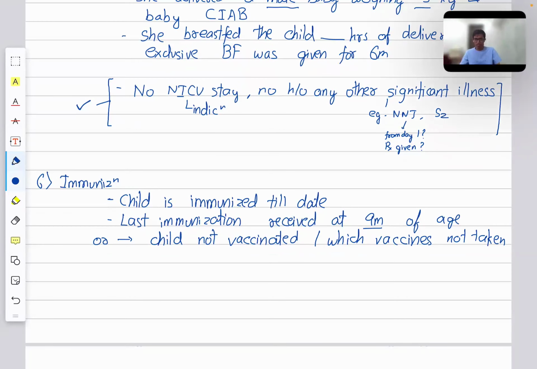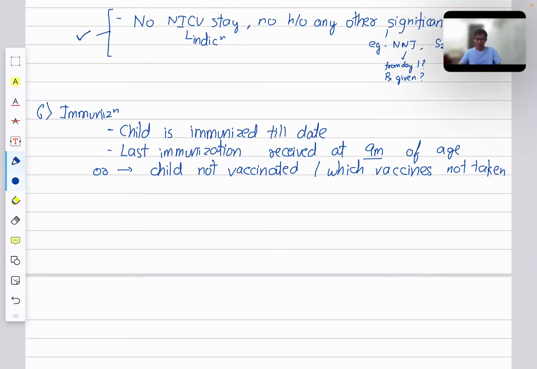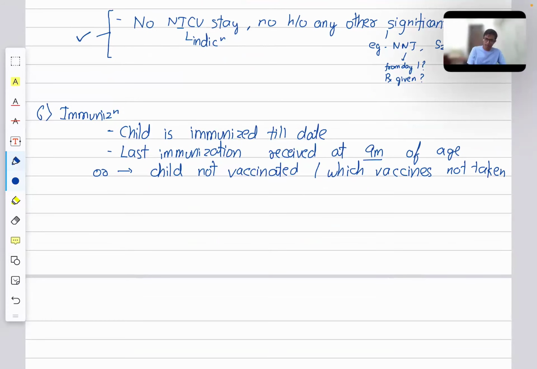This much is sufficient for immunization history. Next comes developmental history. In case of an older child, greater than 5 years, all you have to mention is that all milestones were achieved at the right time.